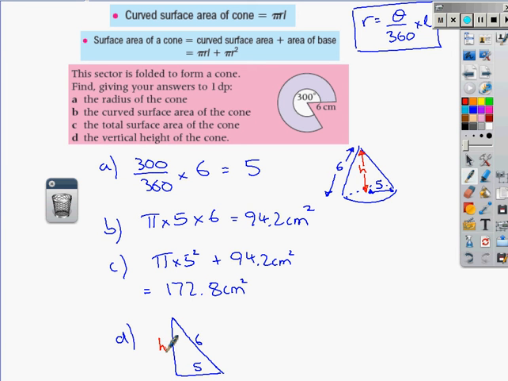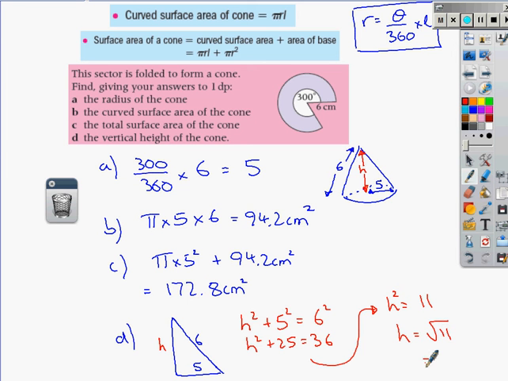So using Pythagoras' theorem again, we get h squared plus 5 squared is equal to 6 squared. That's a squared plus b squared equals c squared. Evaluate those, we get h squared plus 25 is equal to 36. So h squared must equal 11, and therefore h is equal to the square root of 11, which when you work it out to one decimal place, we get 3.3 centimetres.